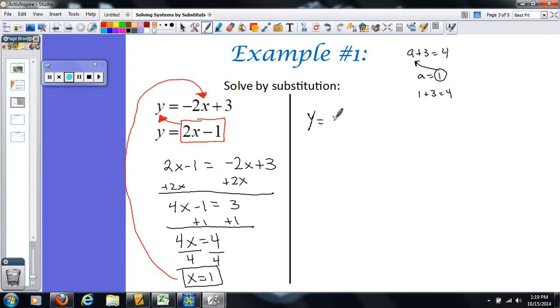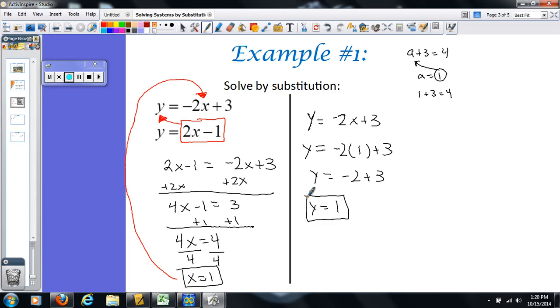So I have y equals negative 2x plus 3, and I have that x equals 1. So I'm going to say y equals negative 2 times 1 plus 3. Now I'm going to solve for y. Negative 2 times 1 is negative 2, and that's going to give me that y equals 1. So that's going to give me an answer just like as if I had graphed: 1, comma 1. And there's your answer.